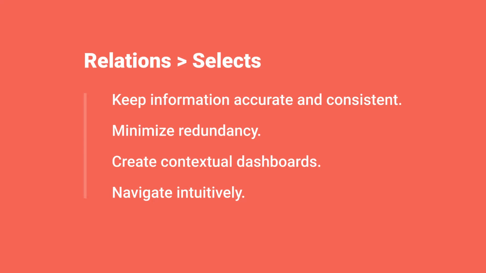So as a part of this method of integrating master databases, we're also going to favor relation properties over select properties. So let me explain what I mean by that.